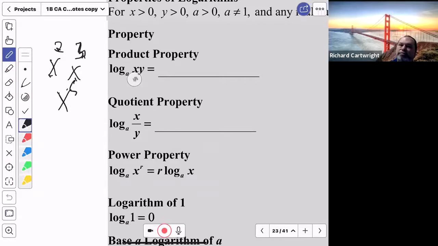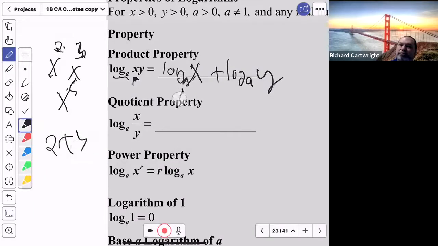The answers to these are exponents. So I can add exponents, which means if a log is an exponent, I can do log base a of x plus log base a of y. I add the exponents, 2 plus 3.